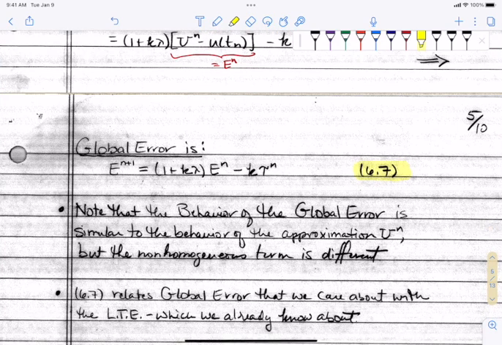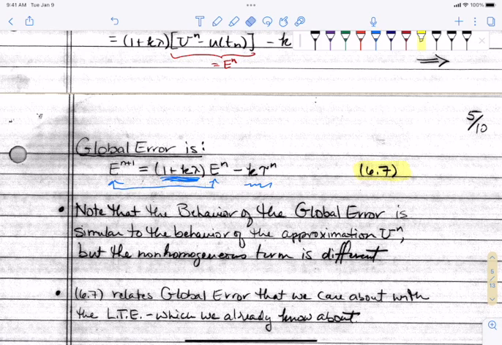The global error at a given step is always expressible as some version of global error at the previous step times a multiplier, and then sometimes we've got some extra hanging around.